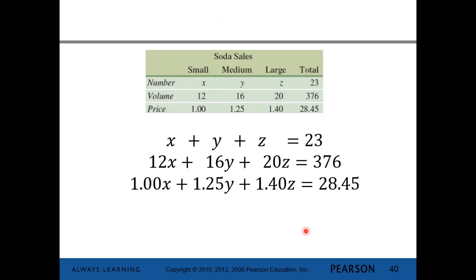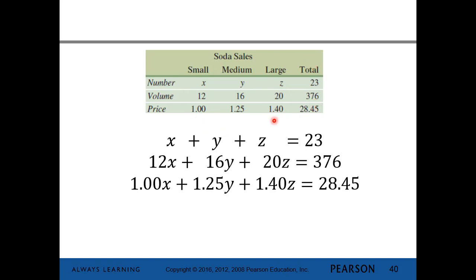So here's what we have. Let X be the number of small sodas. Let Y be the number of medium, and Z be the number of large. And we know that the total number is 23. We know the volumes of each and the total, and we know the prices of each and the total.